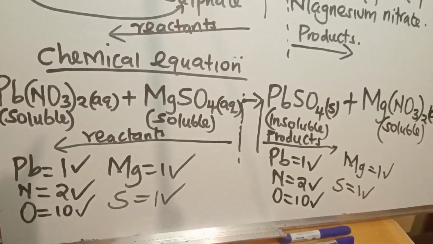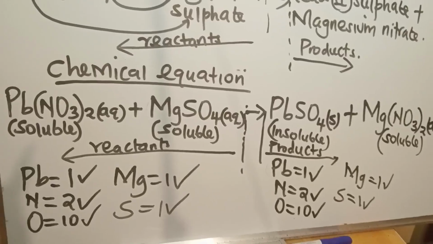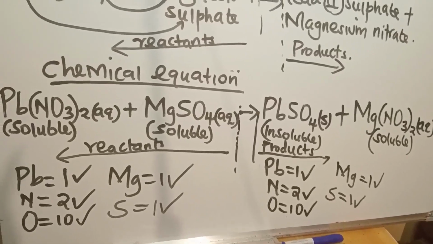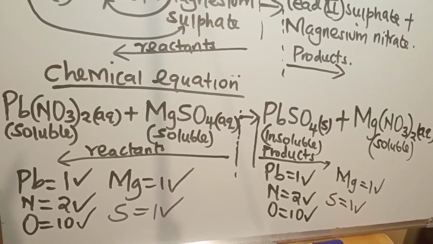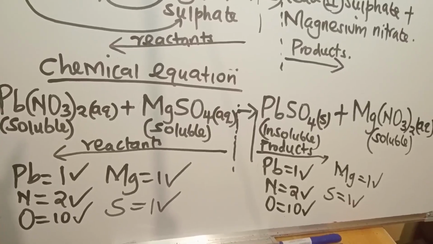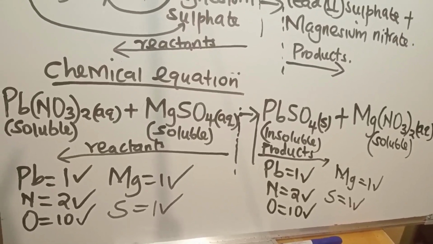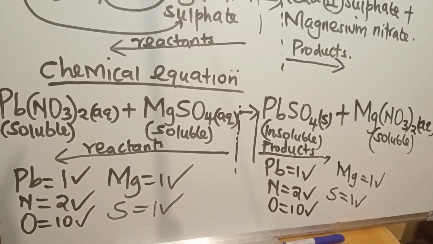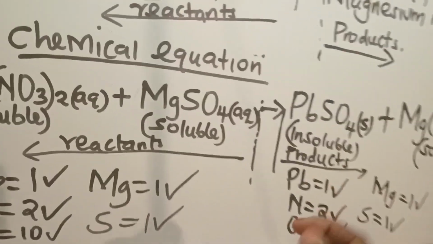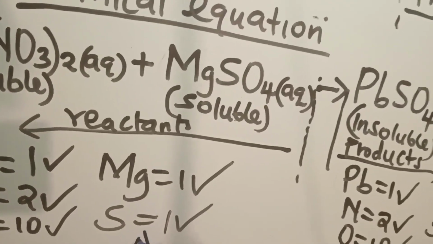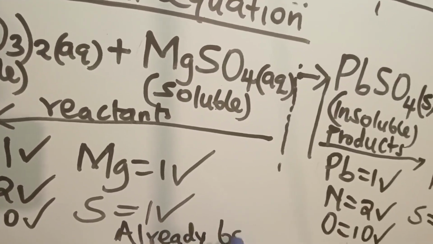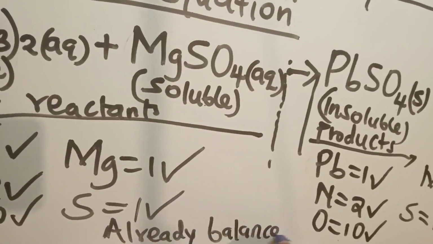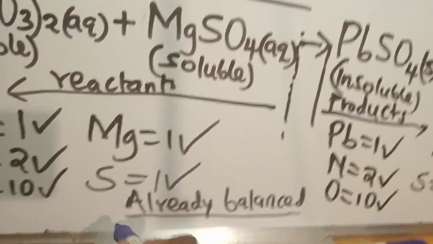There are those equations that we say are self-balanced, meaning they are just the way they are, everything is already balanced. So when you're writing such an equation, you are supposed to indicate somewhere that it is already balanced. So you're not supposed to leave it just like that.